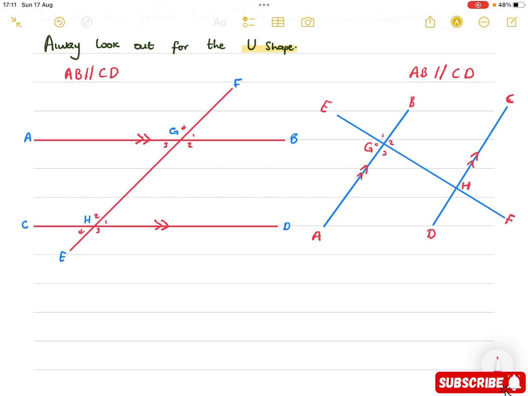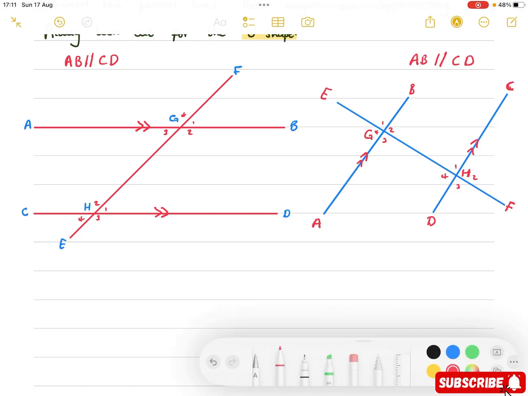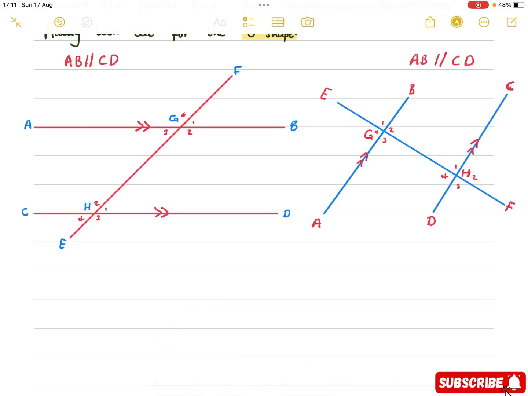The way you label your diagram doesn't matter as long as you keep consistency when it comes to writing your proofs. In this case, we want to look for a U shape. It will either be in the form of a C or a reverse C, but you have to visualize it as a U shape.